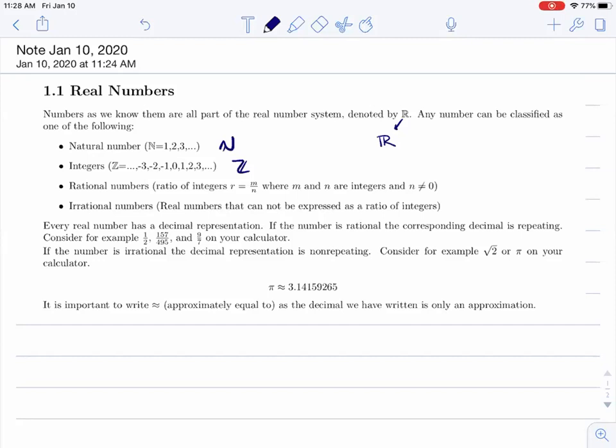And so that's why we need to be able to specify. If we want to broaden it a little bit, maybe include some negatives in there, but still working with whole numbers, then we can talk about the set of integers. Integers are confusingly denoted by the Z, because I is reserved for something else.